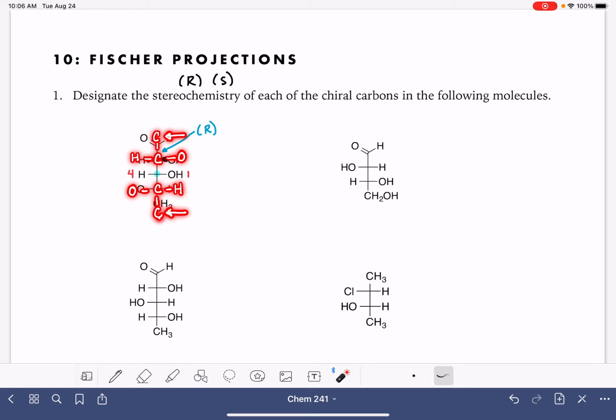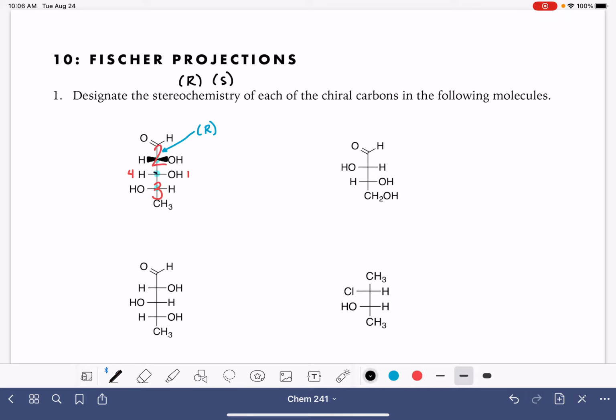We're going to compare these 2 guys. Now this carbon down here, it's kind of hard to see. That's the CH3 carbon. So we're looking at our CH3 carbon versus this guy up here, which is an oxygen that we get to count twice because of the double bond and a hydrogen. That's going to make this part a higher priority than this part. So this part down here is going to be a number 3, and this part up here is going to be a number 2.